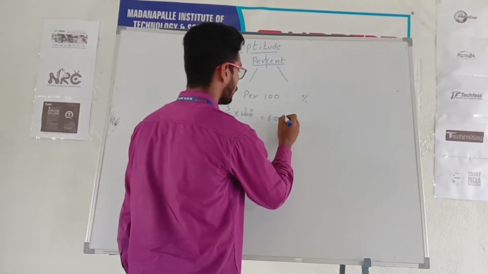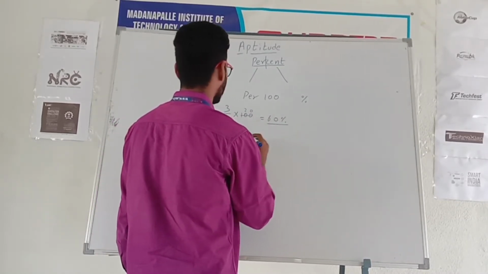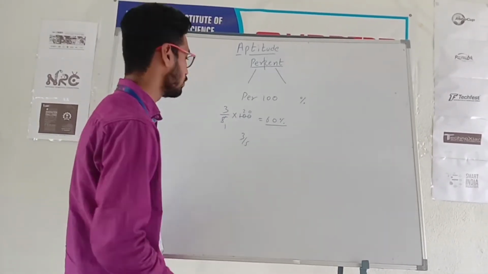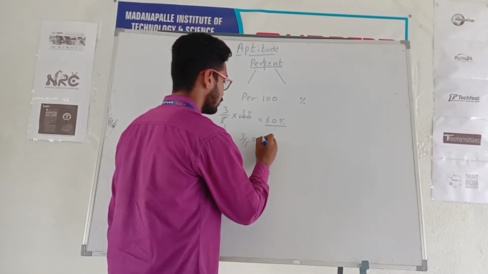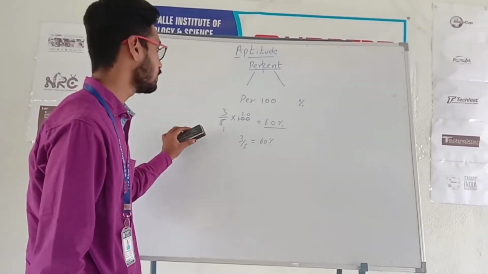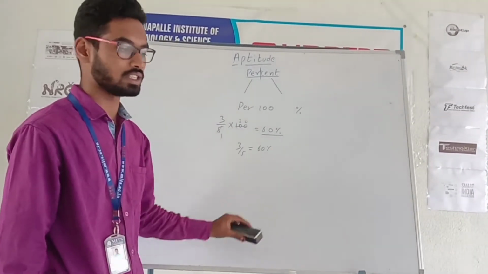At the end we keep the percentage symbol. So 3 by 5 equals 60 percent. This is the basic example of converting a fraction into a percentage.